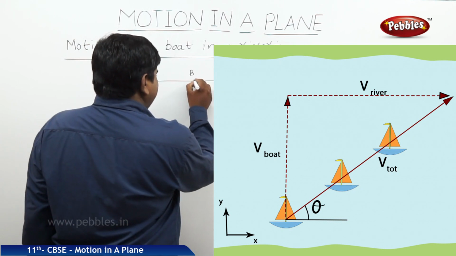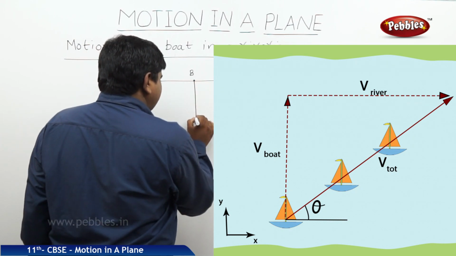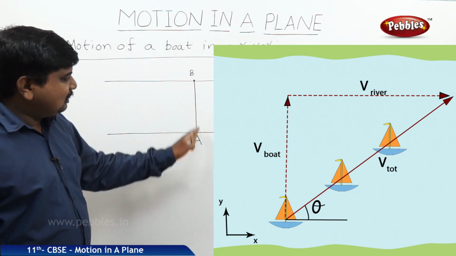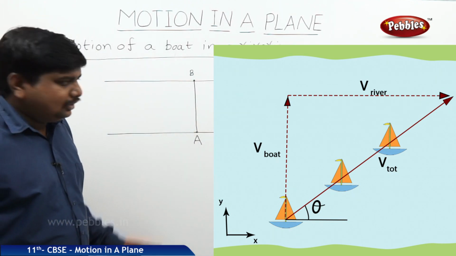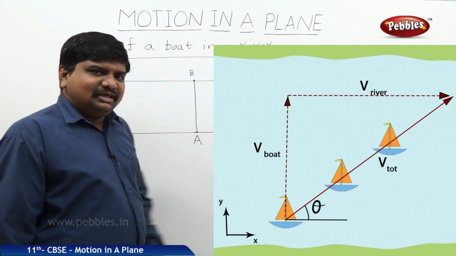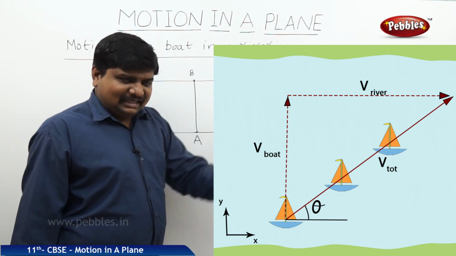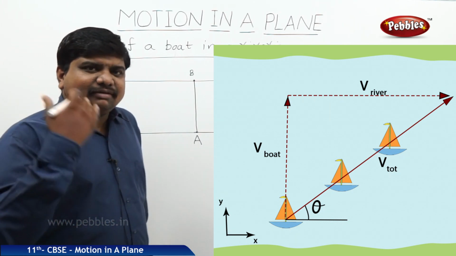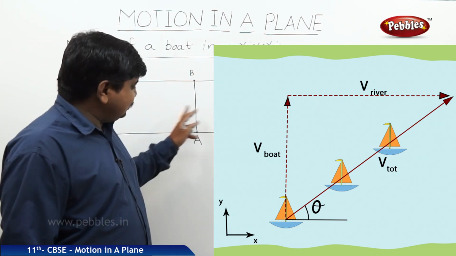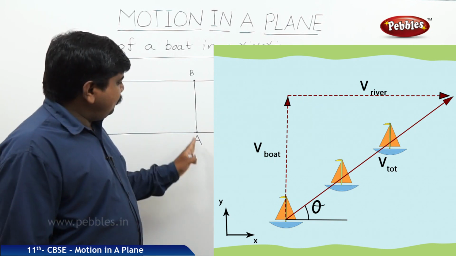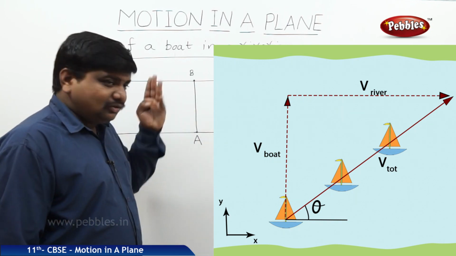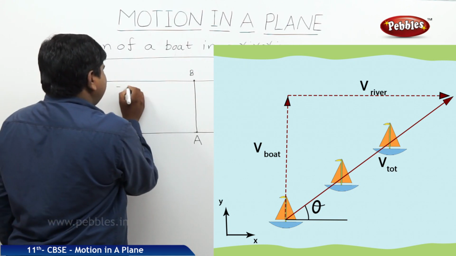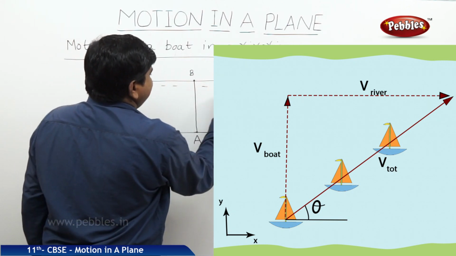If I join these 2 points, it creates a straight line which is vertical. Now the parameters involved in this case are: water has some velocity with respect to the ground, nothing but the shore, and the boat has some velocity with respect to the water. So let us say this is the direction of the water, forward.